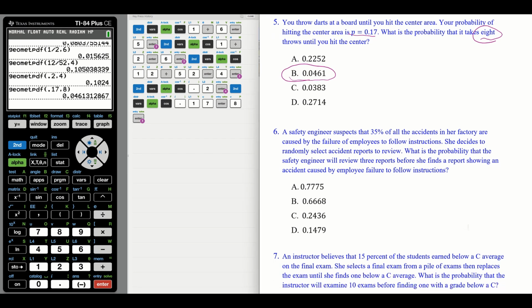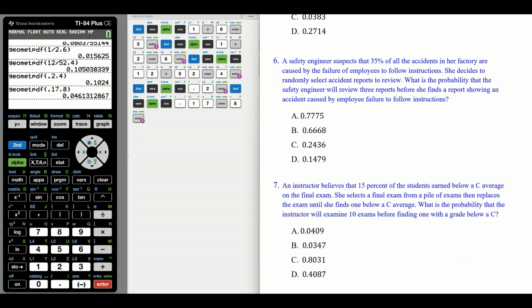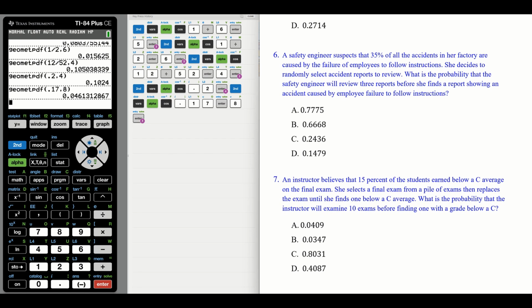All right, let's scoot up. We have 2 more problems. Number 6, a safety engineer suspects that 35% of all of the accidents in her factory are caused by the failure of employees to follow instructions. She decides to randomly select accident reports to review.